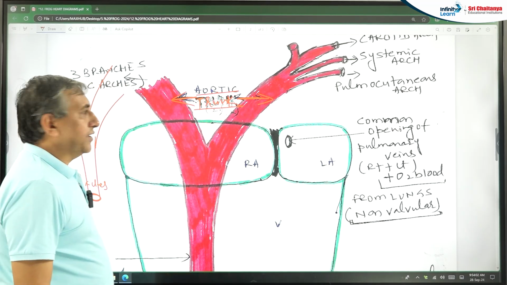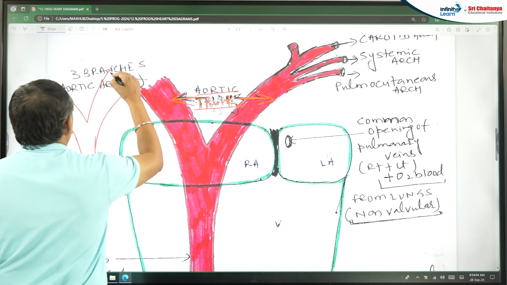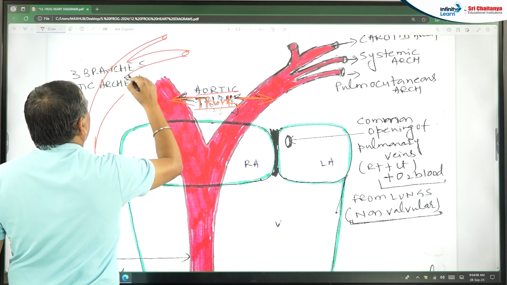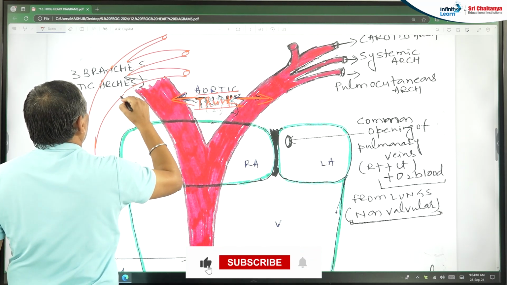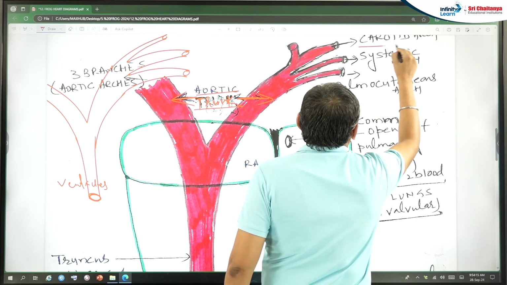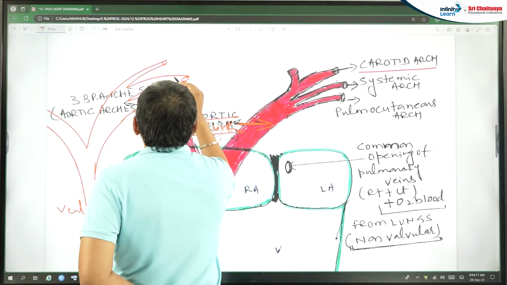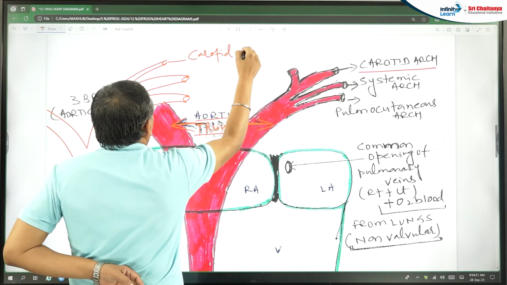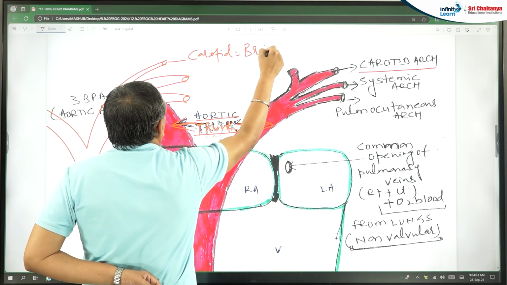And each aortic trunk, like if I draw here, is divided into three aortic arches. First one is known as the carotid. Carotid is always entering into the brain.